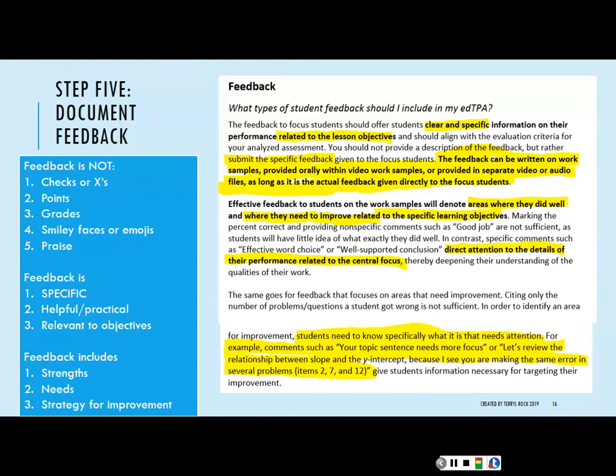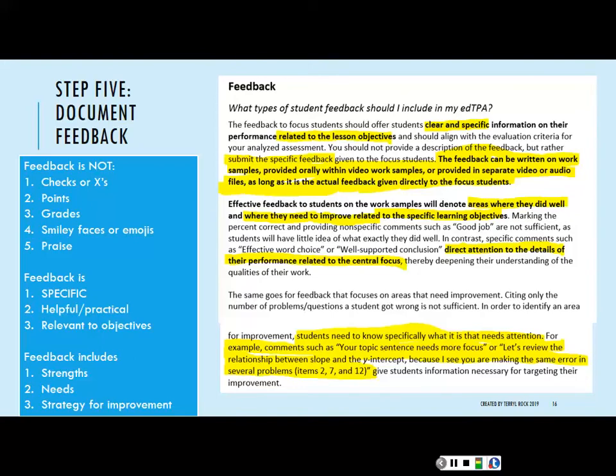It can be written on the work samples or provided orally within the video of the work sample. PE is a great example of this. They're doing a bowling stance and talking through it, and as they're doing this motion, the PE instructor gives them feedback at that point.